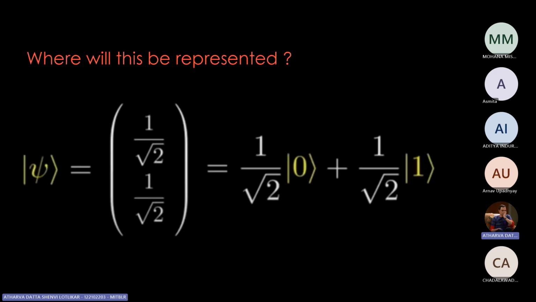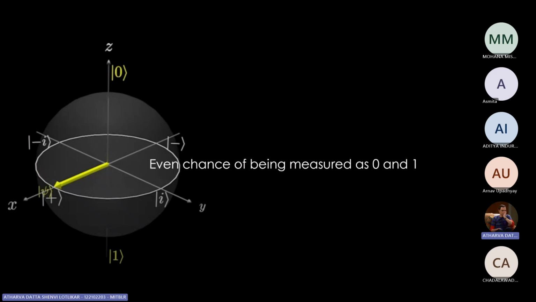So let's consider a qubit which is 1 over root 2, both the values for a column matrix. This can be represented as a straight line, and it has an even chance of being measured as either 0 or 1.